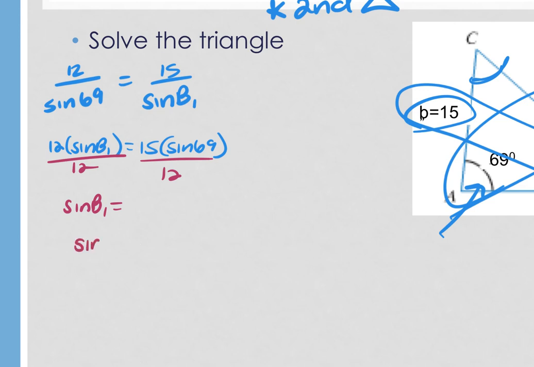And you can actually use inverse sine of the fraction containing those whole things, or you can use second sine, second answer. What happens when you, first of all, what's the answer of 15 sine 69 over 12? What do you get?